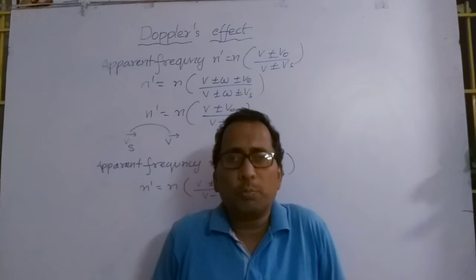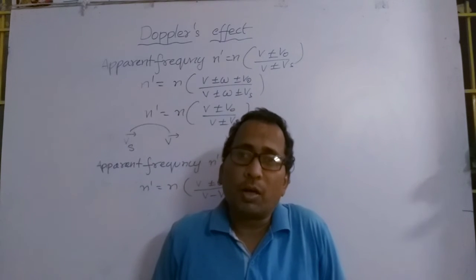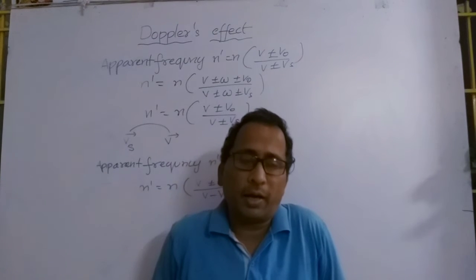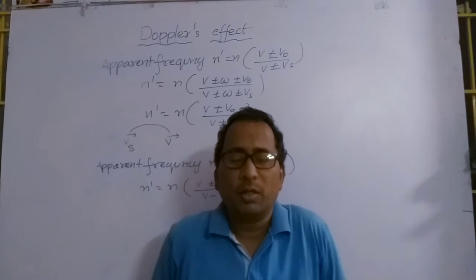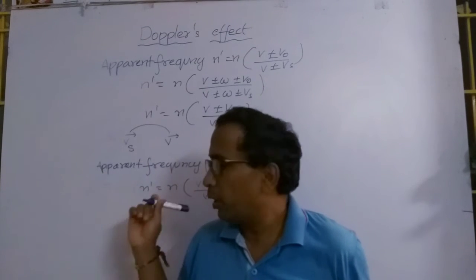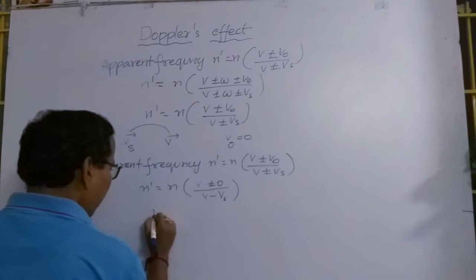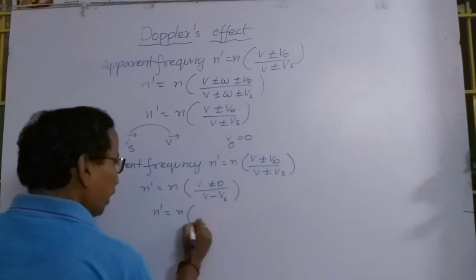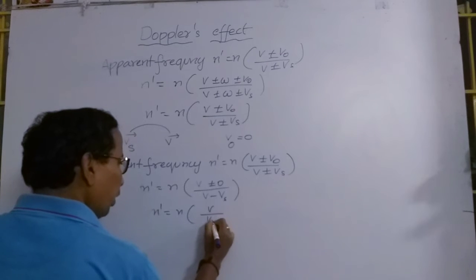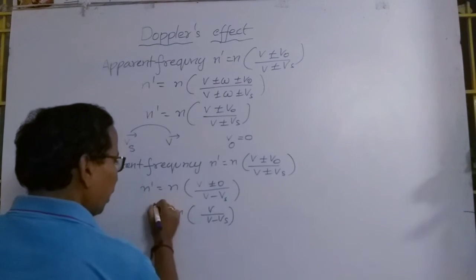If the two objects are moving in opposite directions, the two velocities are added. That is the relative concept. That's why we take V minus Vs, and you can write the formula n dash is equal to n into V by (V minus Vs).